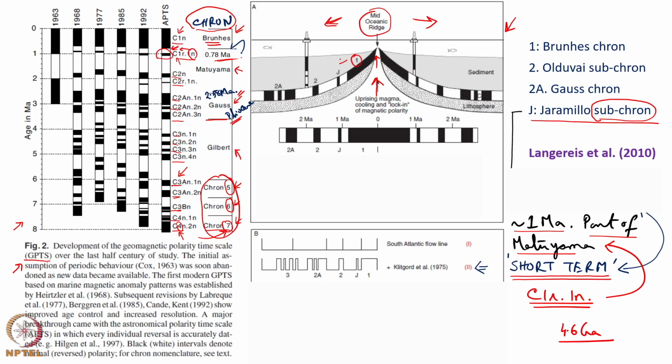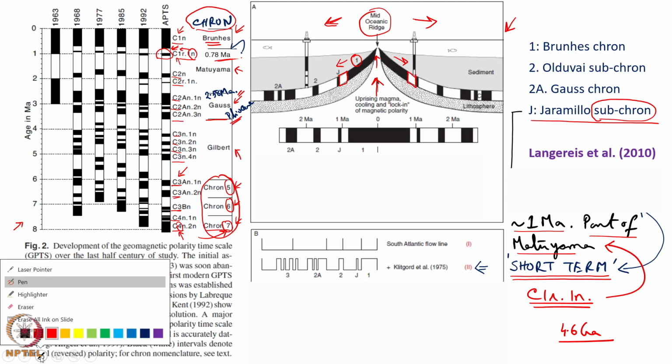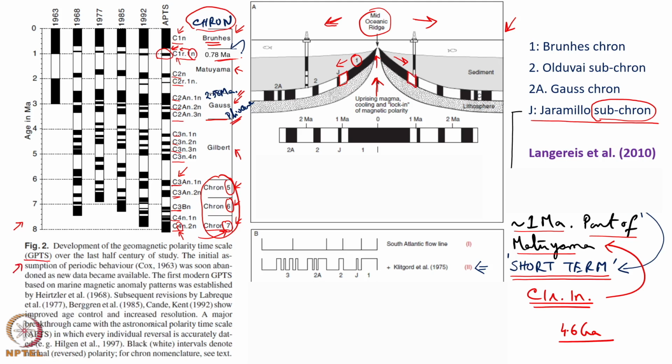As one goes from Brunes and away from the ridge, we encounter a reverse polarity zone. This reverse polarity zone can be correlated with the GPTS by this portion. Note here APTS stands for the astronomical polarity time scale, where the reversal is accurately dated. So, the dates can be correlated in this way.